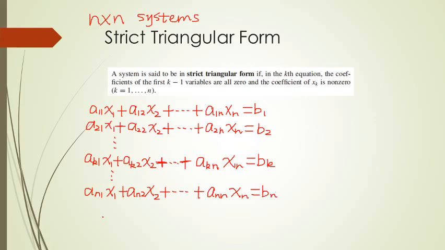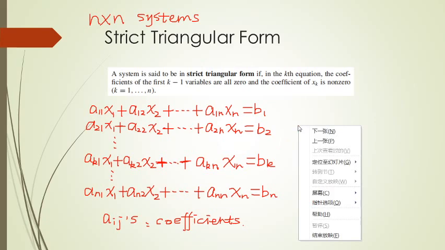So all the aij are called the coefficients. As I said, the bi's are called the right side constants.